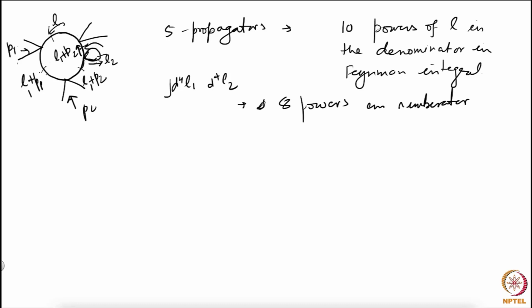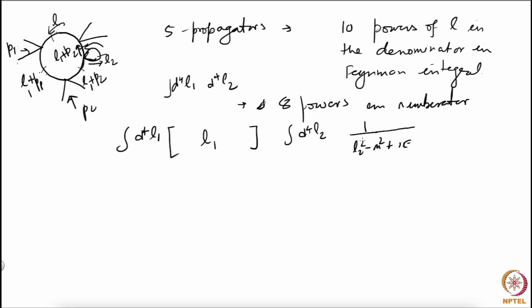Because this cannot change the momentum that is going out. It will just be the same. So you will have d4L1, and then all these propagators which have only L1, and then this one d4L2, and this will be 1 over L2 square minus M square plus i epsilon. Okay, somehow it has stopped working.